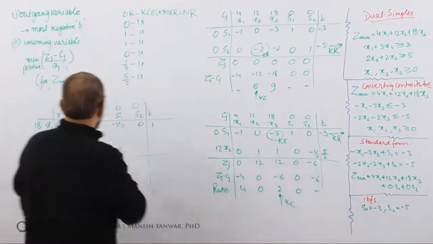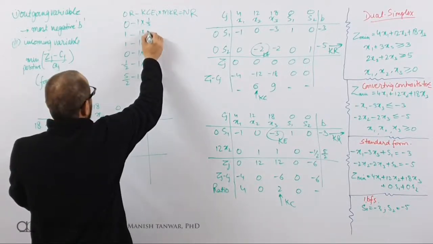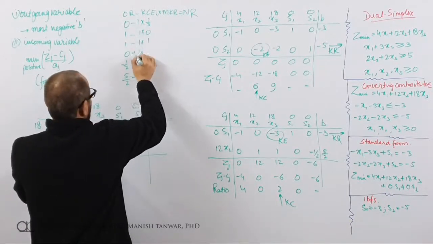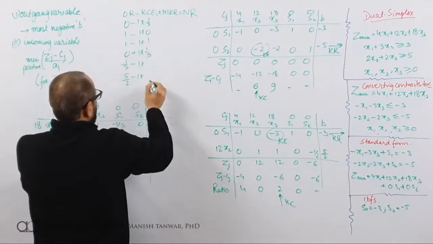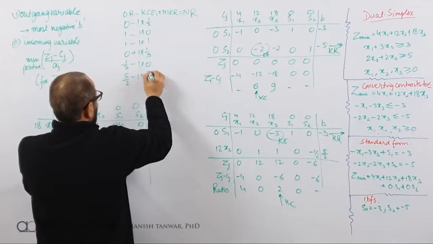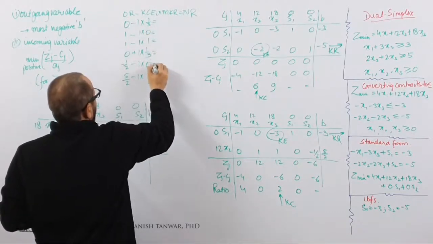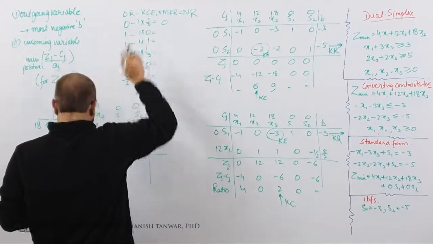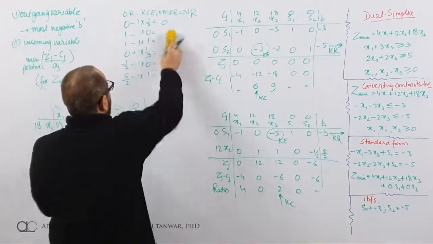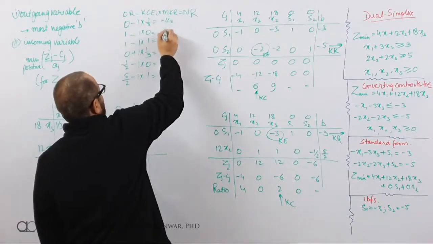Modified key row is here. We have 1 by 3, 0, 1. 1 by 3 and 0 and 1, making it 0, or rather -1 by 3, not 0. -1 by 3.